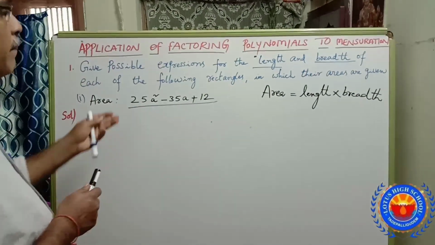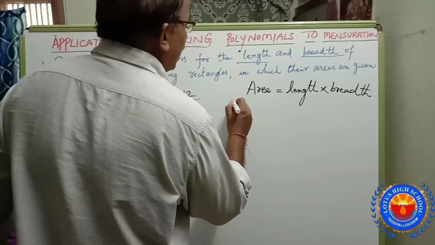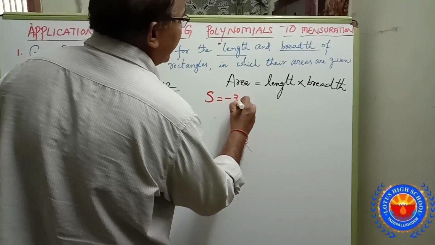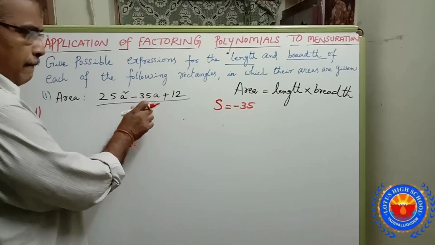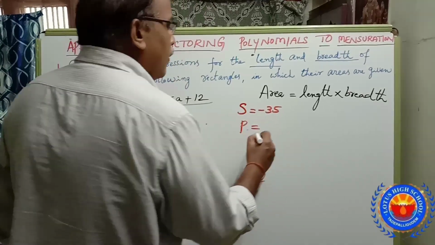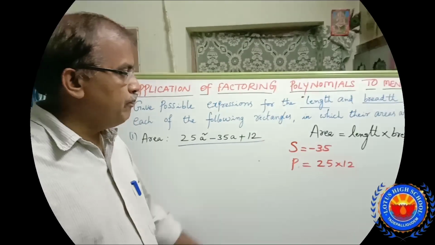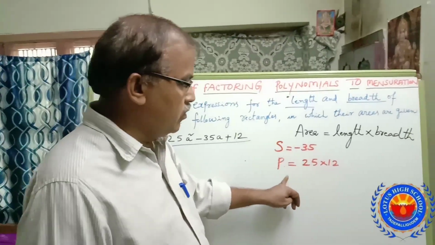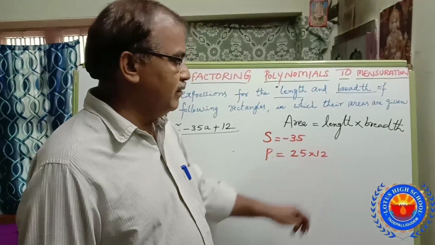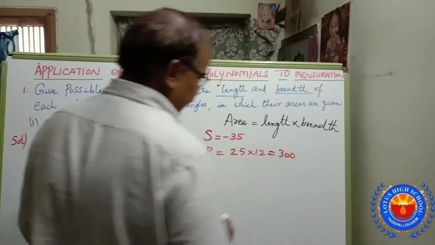Now, by splitting the middle term, you know very well, sum is equal to minus 35. Product is equal to 25 into 12, which is 300.